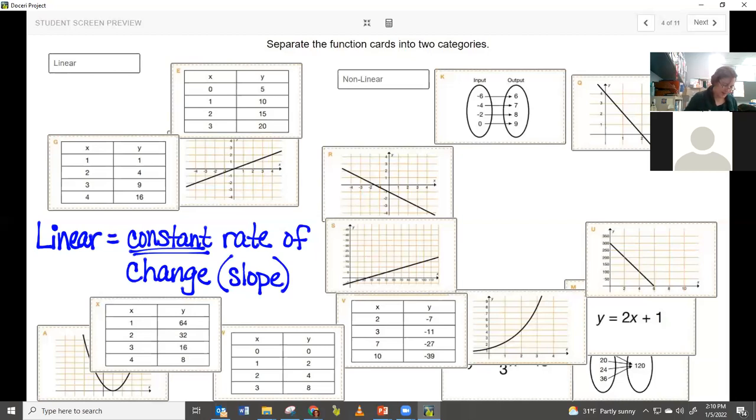Kyla, looking fantastic. Everything that you have matched together so far is correct. Let's see. Lauren, of the cards that you still have in that non-linear group, there's one of them that shouldn't be there. 2 of the 3 cards are correct in your non-linear group. One of them should not be there.